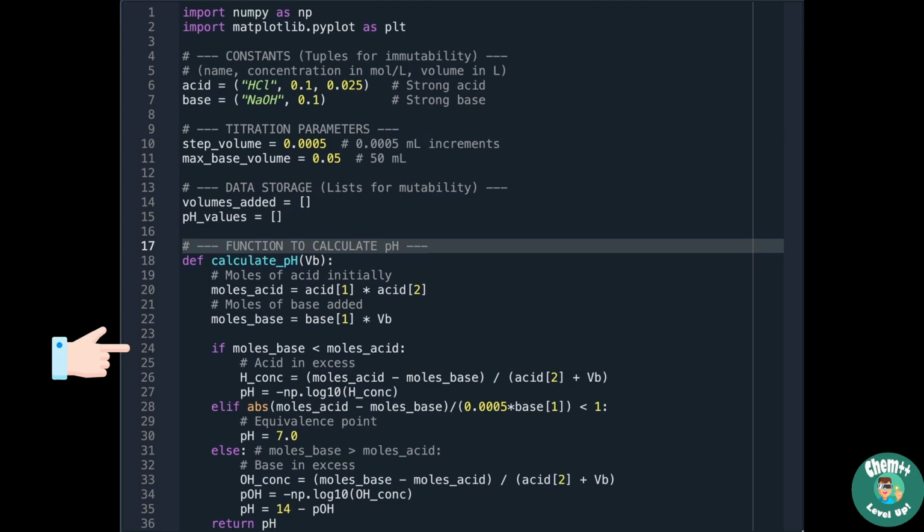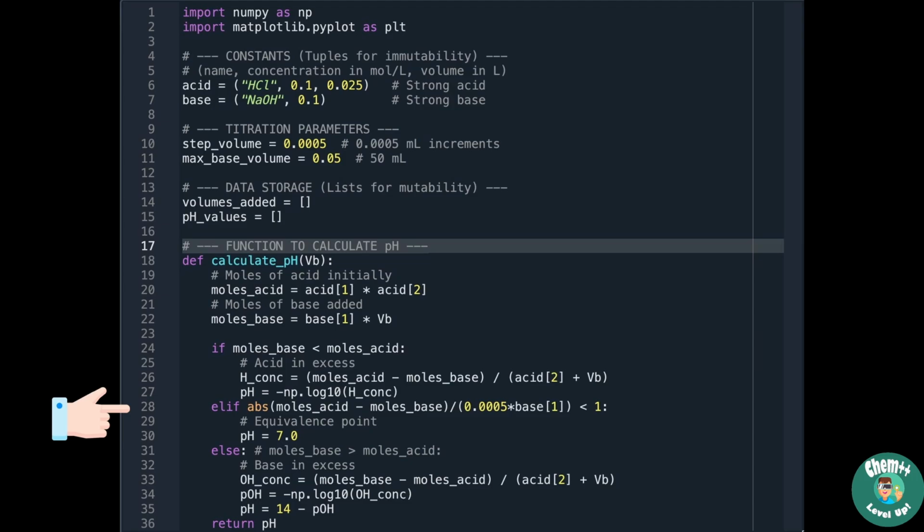Case 1, excess acid. If we haven't added enough base to neutralize the acid, it is in excess. We calculate the remaining hydronium concentration by subtracting the moles of base from the moles of acid, dividing by the total volume, and passing it to NumPy's np.log10 function. Notice the np prefix? That's us calling our imported stockroom tool.